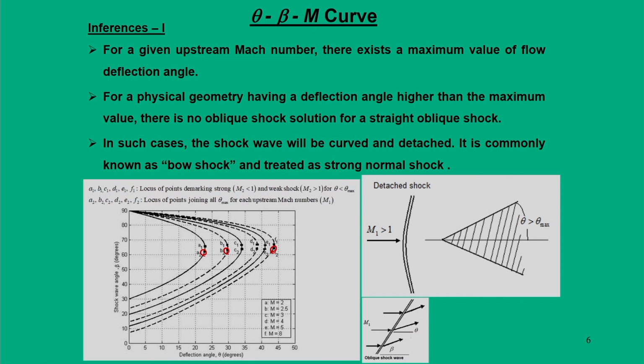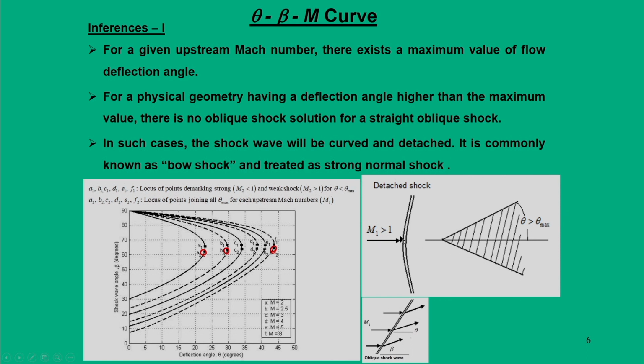If this supersonic flow at Mach 2.5 encounters a wedge or a body which has a flow deflection angle higher than this 30 degrees, then we say that it has encountered a flow deflection angle of the geometry which is more than the maximum that was supposed to be for an oblique shock solution.